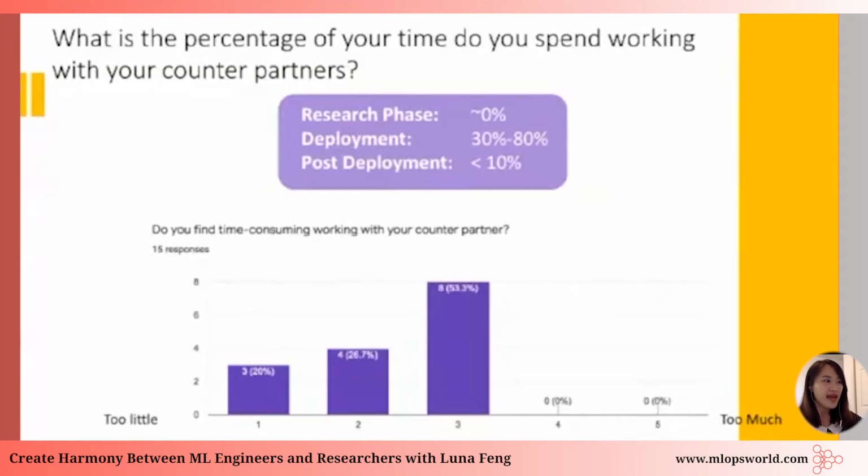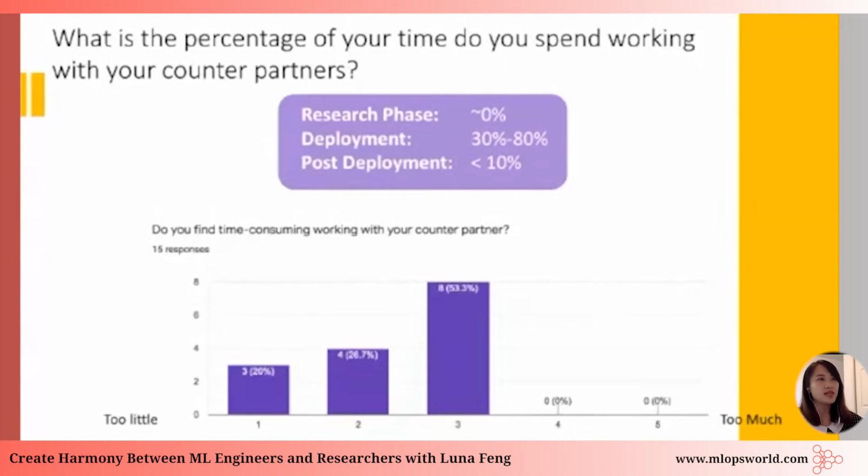So then we asked, what is the skill set? Or maybe the skill set here is not an accurate word, but we try to understand what people think their counterpartners should have that can help to improve the work efficiency. So from researchers' perspective, they think if engineers can communicate about their priorities and the purpose of tickets.